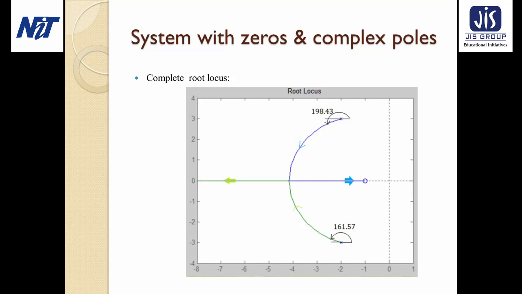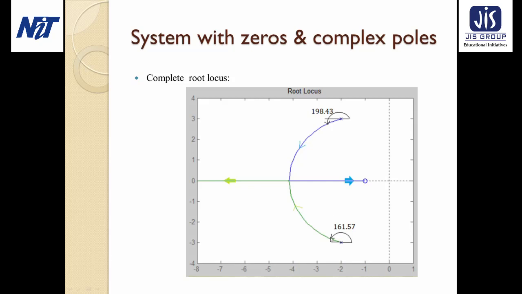So first we are considering the angle of departure for pole 1, that is 198.43 degrees, and remember that these angles should be drawn with reference to 0. So we are taking this as a reference, and from this reference angle we are measuring this 198.43 degree, and at this angle from this pole the branch is coming out.